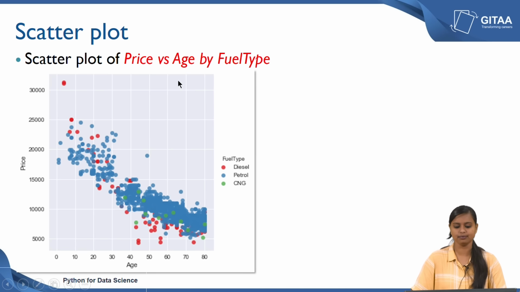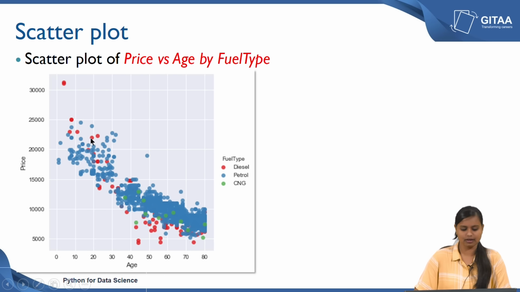This is a scatter plot of price versus age by fuel type. It is the same scatter plot, but here we have differentiated the data points using the categories available under fuel type. The red represents diesel, the blue represents petrol and the green represents CNG.